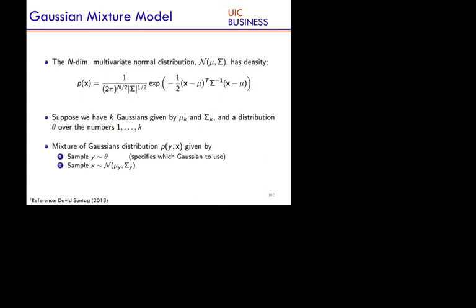The first line, sample y from theta, is saying what is the probability of y equal to some small y, and given that small y, what is the probability of my xi. In fact, I don't even have to index xi. So the joint distribution is just P of y comma x.